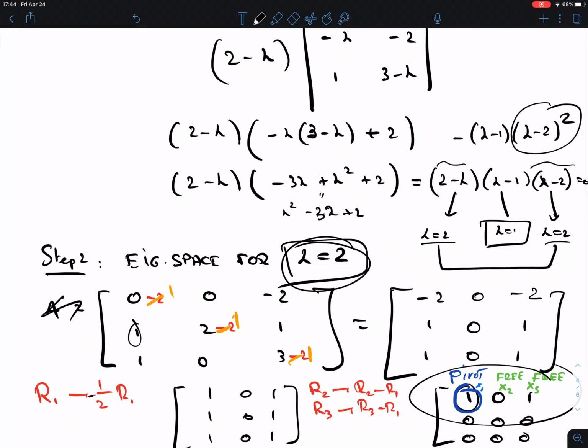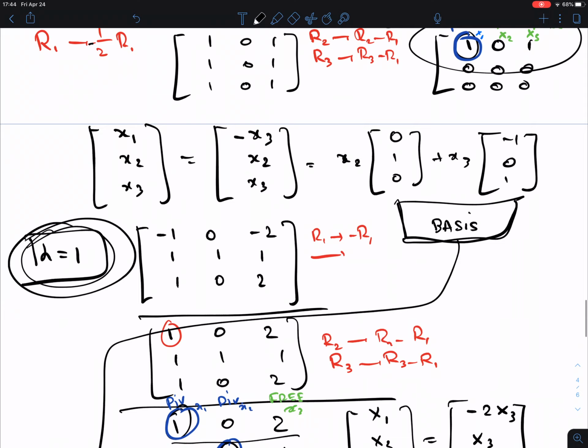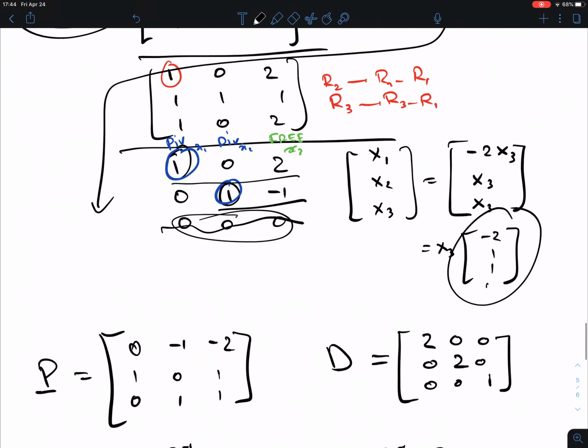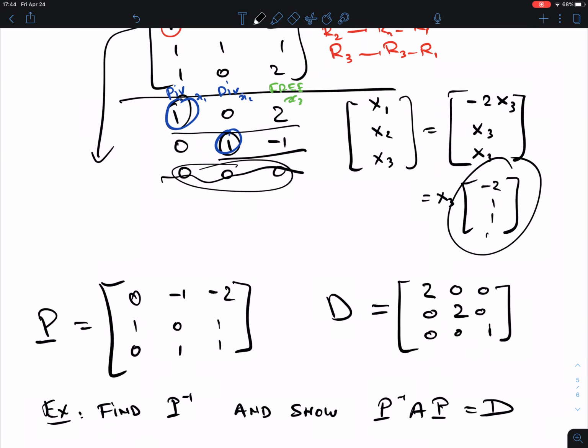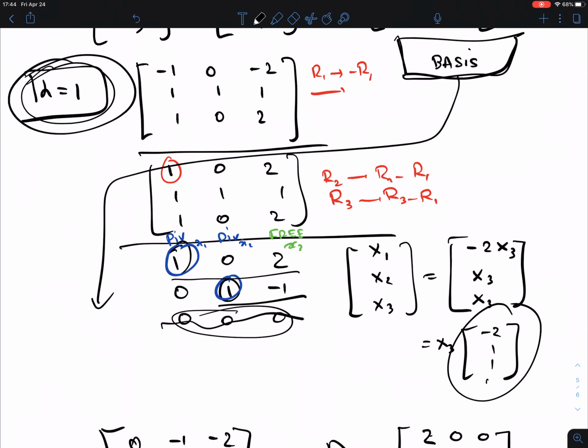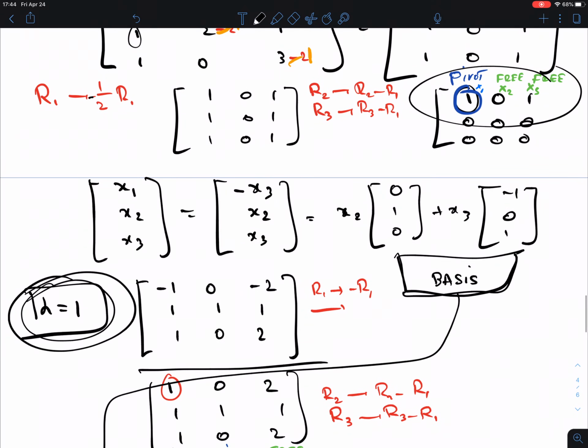But this eigenvalue appeared twice, and then there is an issue here. Because on our diagonal we'll have the 2 appear twice, so we need two eigenvectors. We need a basis consisting of two eigenvectors. The eigenspace, therefore, has to have dimension 2. Remember, the size of the basis is the dimension. And this is the case here, but it's not always the case.